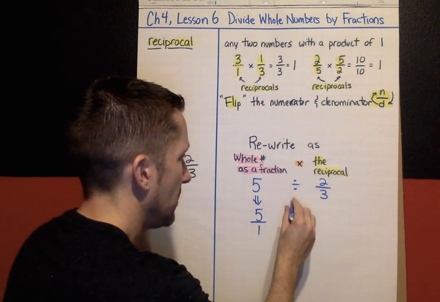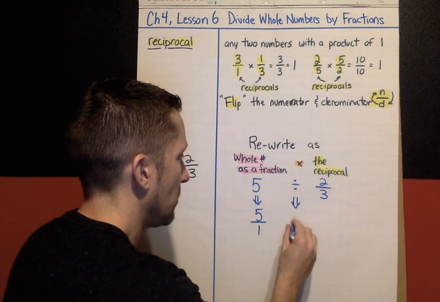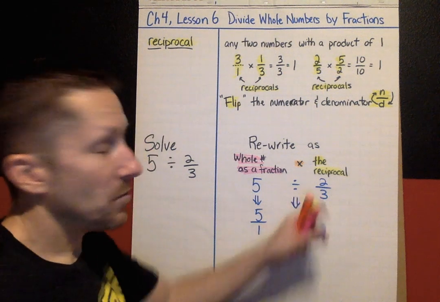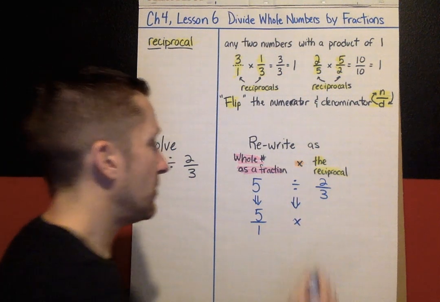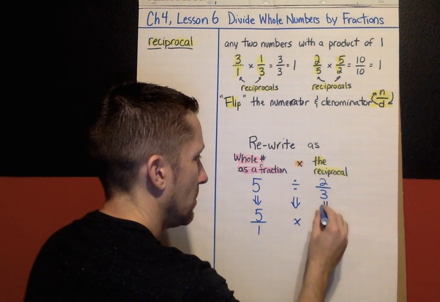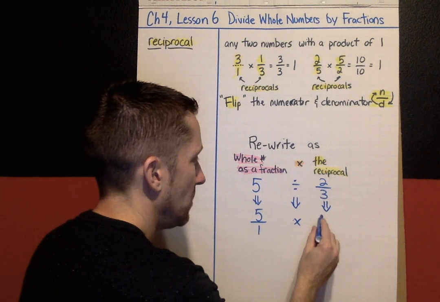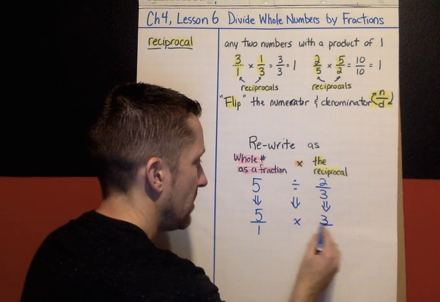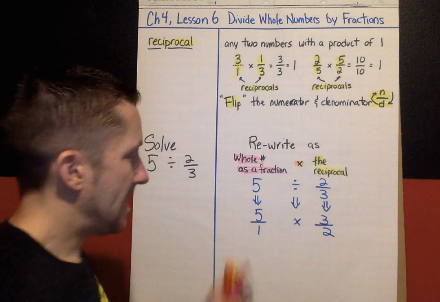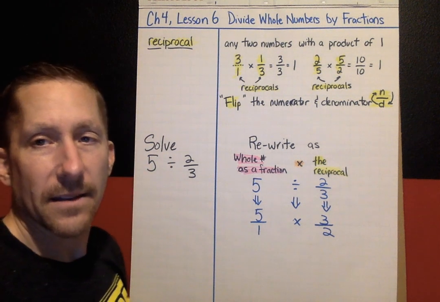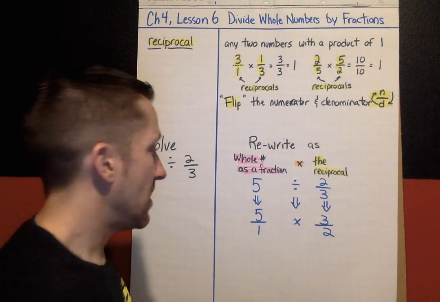Divide is going to change into multiply. And 2/3, we want the reciprocal of 2/3. The reciprocal of 2/3 is 3/2.